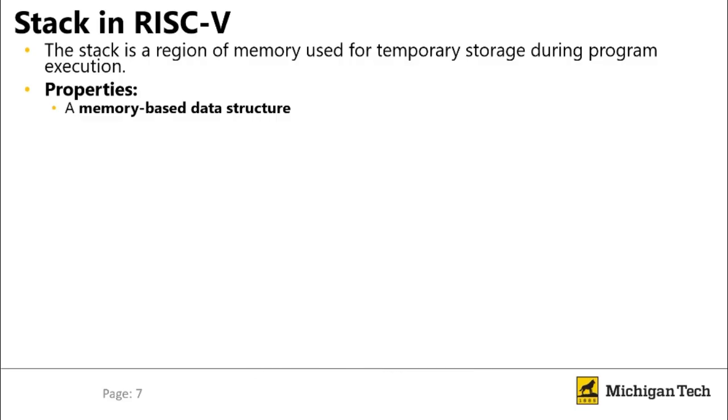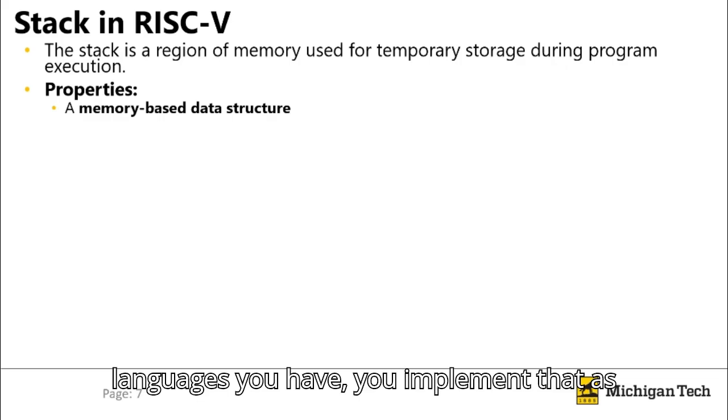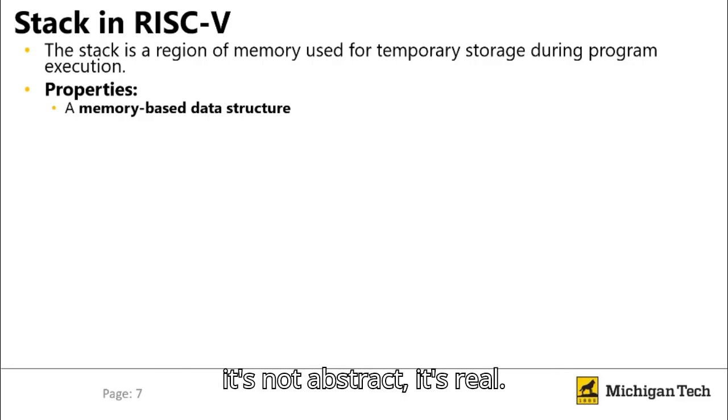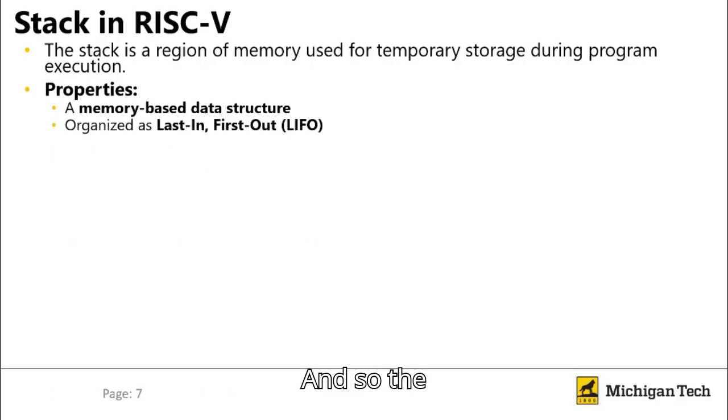In higher-level languages, you implement that as an abstract data structure, but here it is not abstract, it's real. The structure is last in, first out, LIFO. The one that comes first goes last.